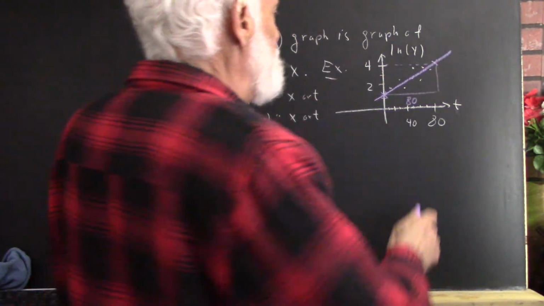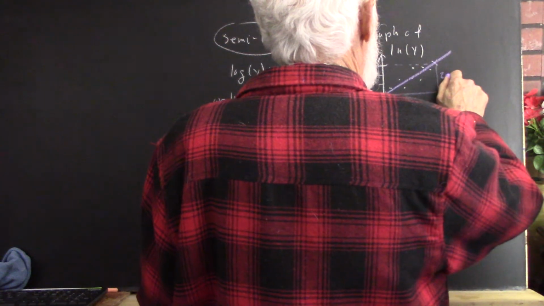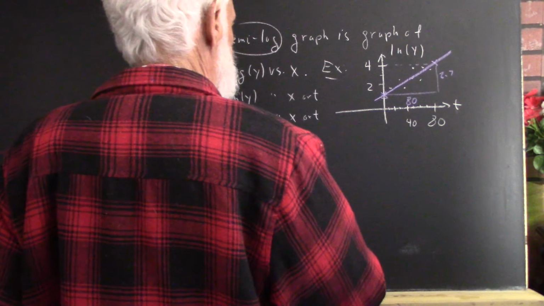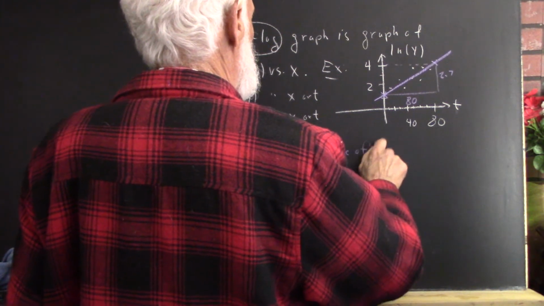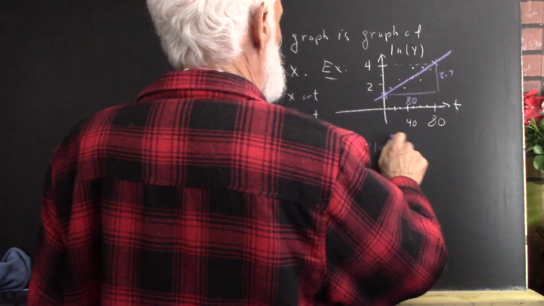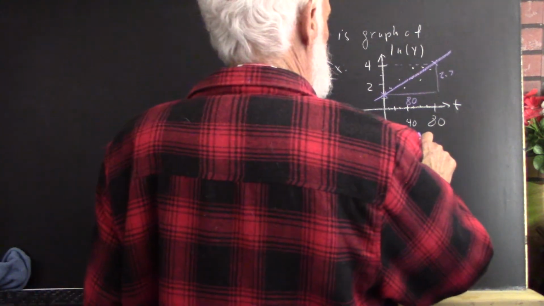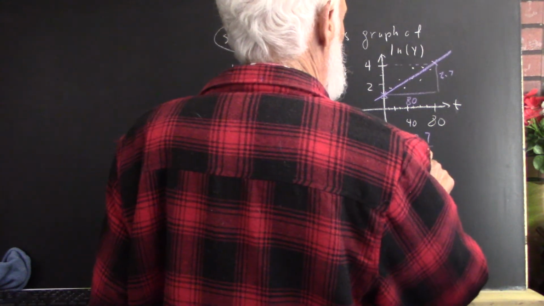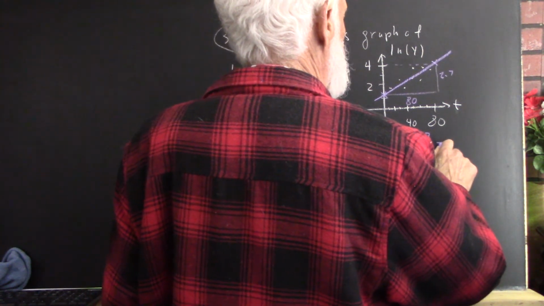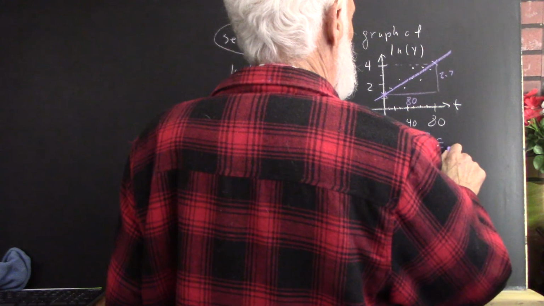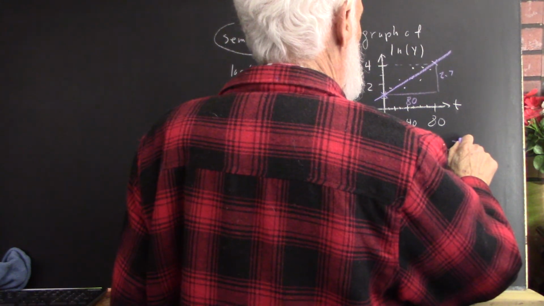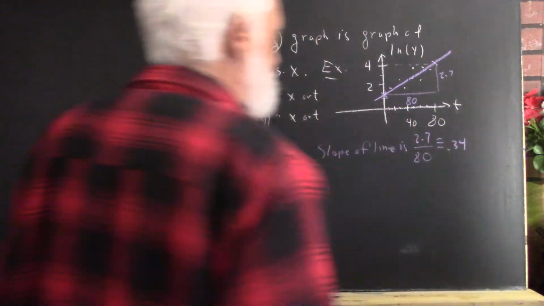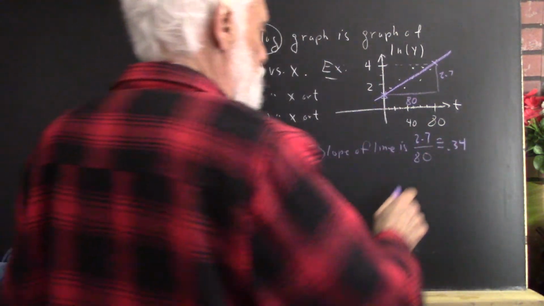So the rise is 2.7. Okay, so slope of the line is 2.7 over 80, which is about 0.034.